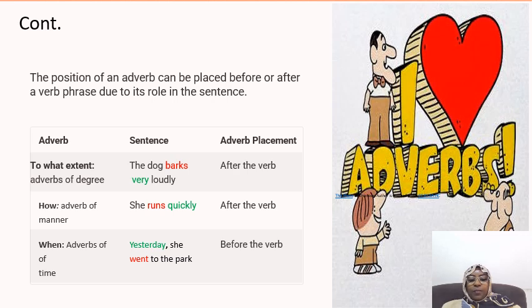Very good. Now let's see the adverb of time, which is when. Yesterday, she went to the park. So the adverb here comes before the verb.